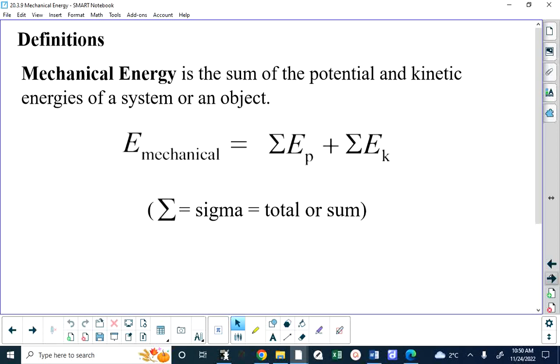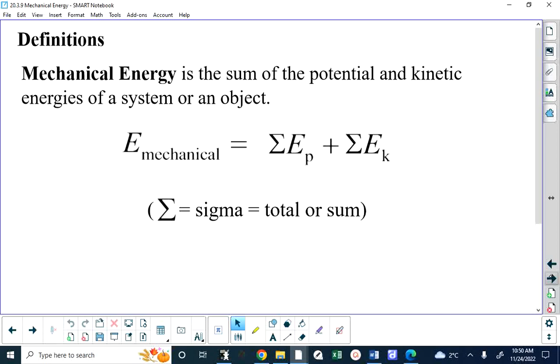But the most important aspect, and I don't know that this is in your notes, is this: would you agree that for this pendulum, when it's in motion, when it reaches the highest point, which is right here, it has no kinetic energy?